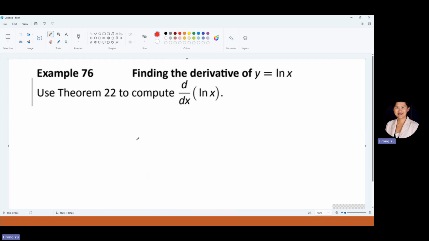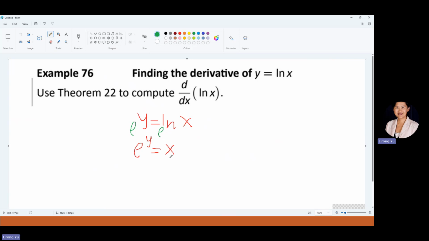Okay, so once again, if you have y equal to ln of x, then by the inverse, we have e to the y equal to x. Because e and ln are inverse functions of each other, we cancel.